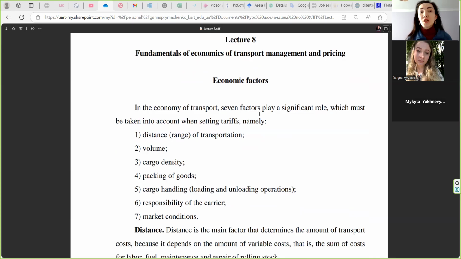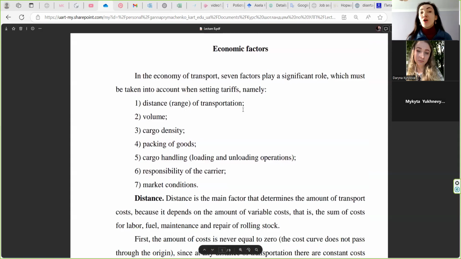In the economy of transport, seven factors play a significant role, which must be taken into account when setting tariffs, namely: the distance of transportation or range of transportation, and volume. We could think that these are not economic factors, that it is something about transport, about quality and how much we deliver.